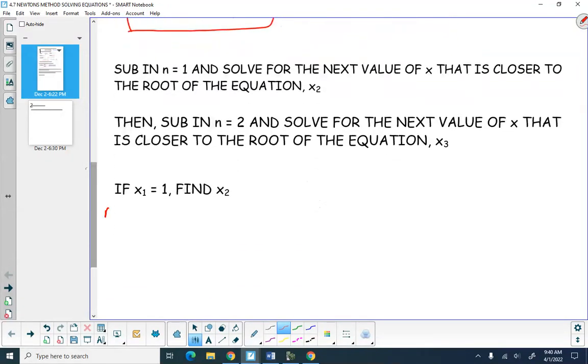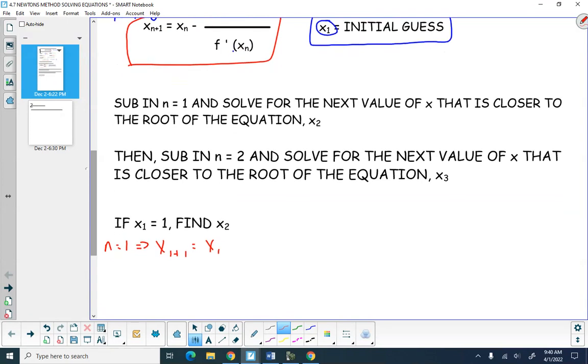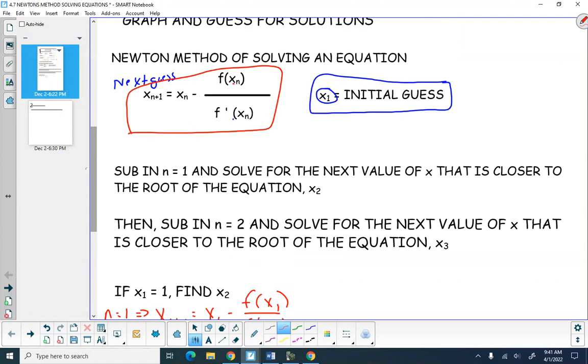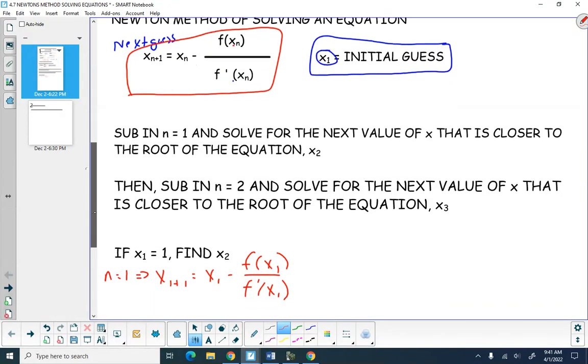So we have n is equal to 1, which leads to x(n+1) equal to xn minus the function value at x1 divided by the value of the derivative at x1. This is for n is equal to 1. If I put 1 in there, I get 1 plus 1, which is 2.